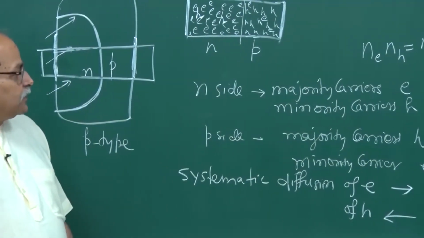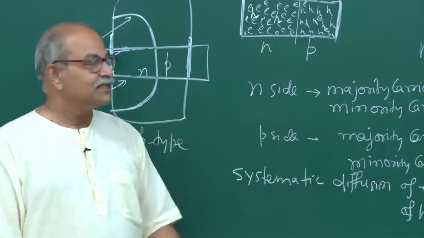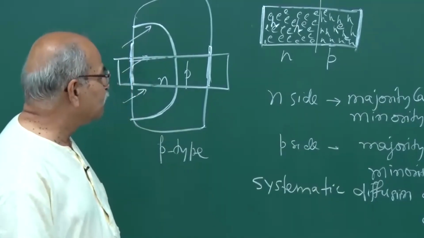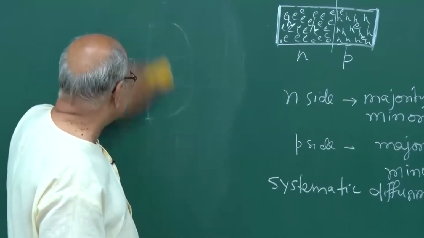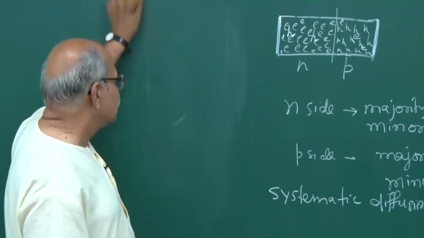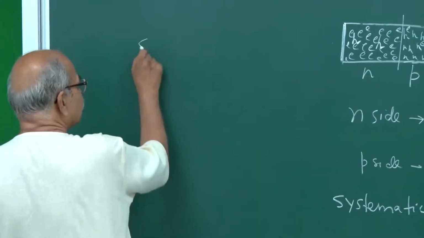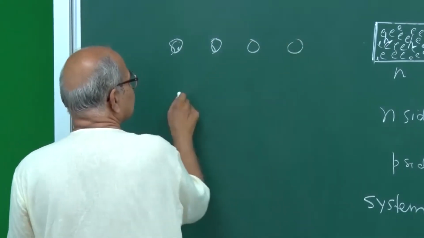And keep track of what is happening in the actual crystal. This is the diagram we make, but if you think of the actual silicon crystal, keep that also in mind, so that the physical connection is not lost. So you have all those silicon atoms.